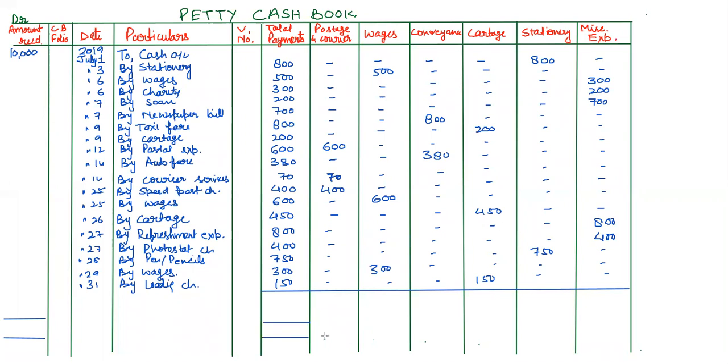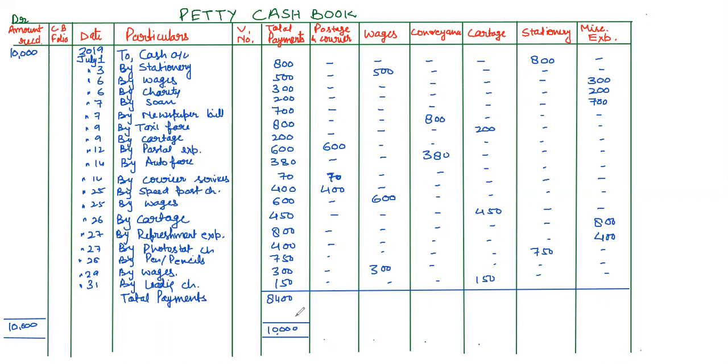Now see what we have to do. Total of the receipt side is 10,000. The same amount will come in the payment side also. And after that, we will take the total of payments. Total payments are 8,400. We will write here total payments.